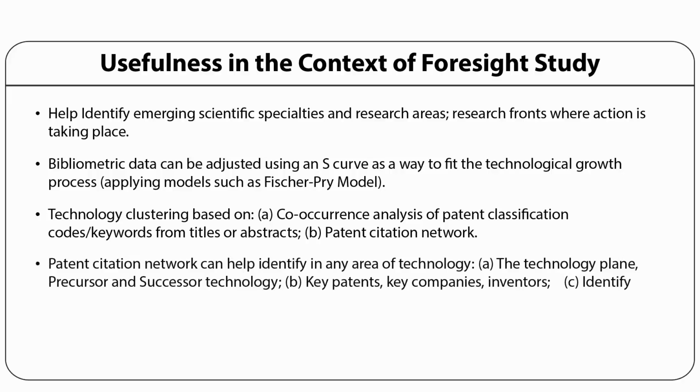A patent citation network can help identify, in any area of technology, the technology plane, precursor and successor technology, key patents, key companies, inventors, and can help identify interactions between science and technology.